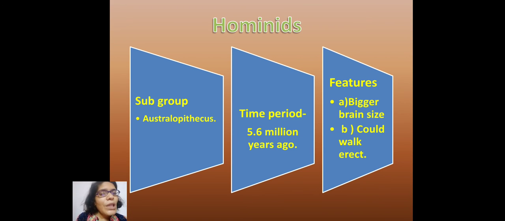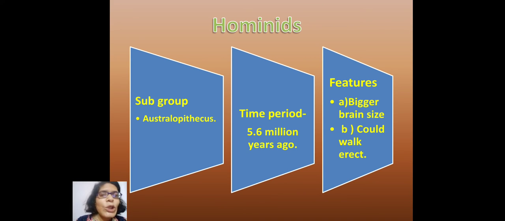We see a very important section whom we call Australopithecus. I will show you the picture. Their brain size is big, their brain size is developed, and they could walk straight.